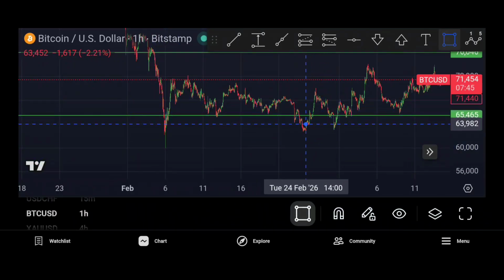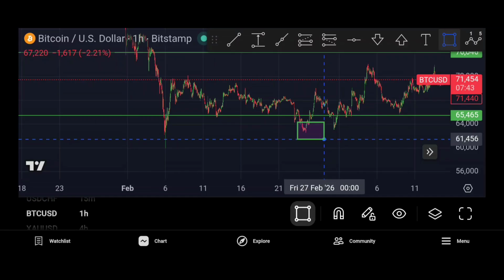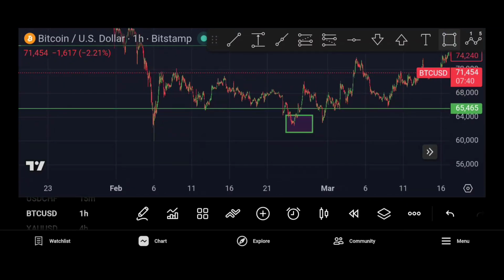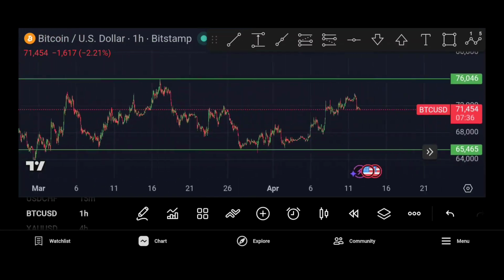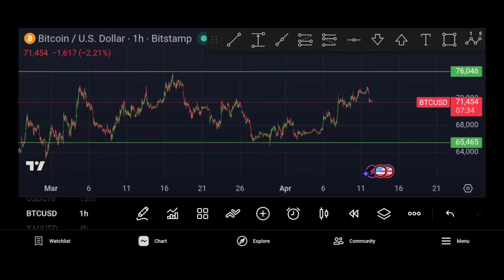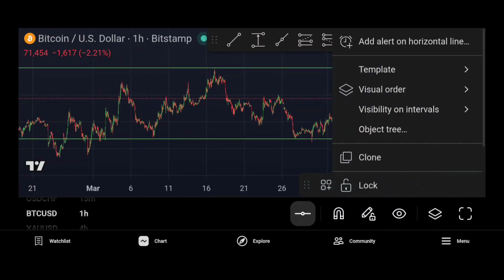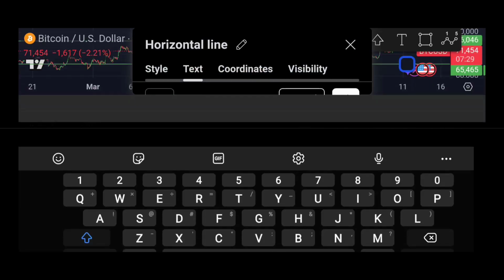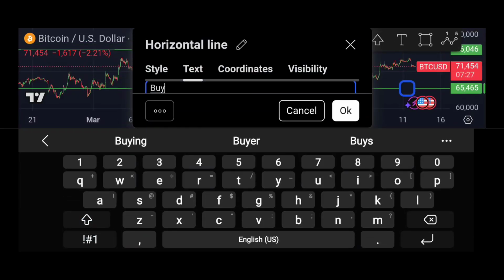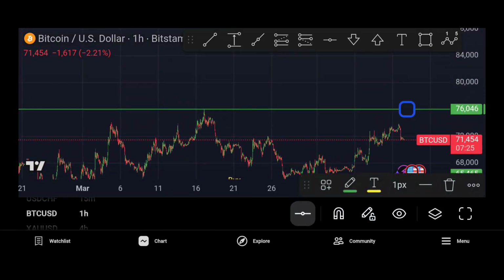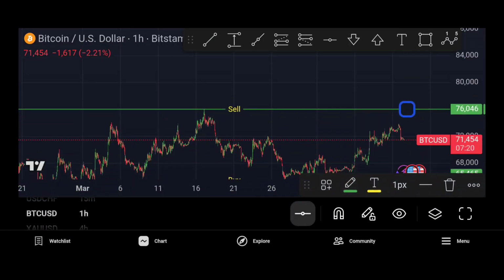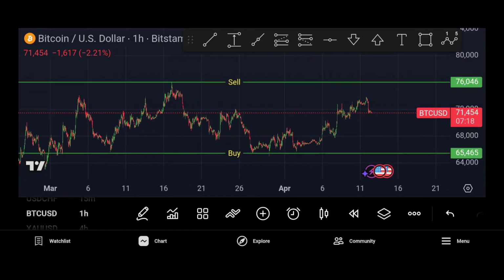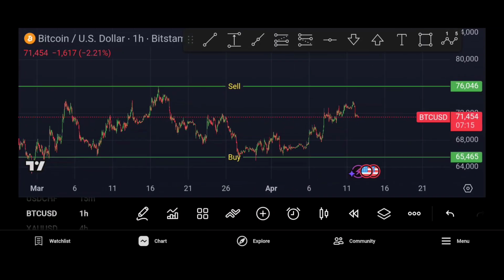Since this is the lowest low, this would have been the previous low, so we were in an uptrend on the higher time frame. I always mark this as my buy point. Then I mark my resistance as my sell point. If the market reaches around that area, I'm always looking to sell respectively.